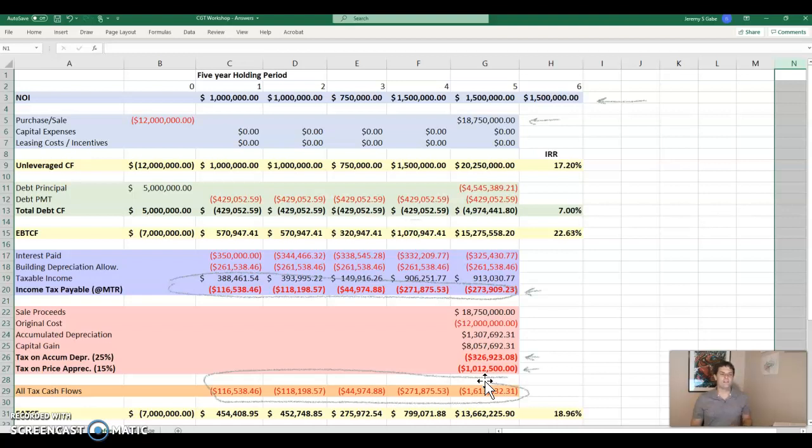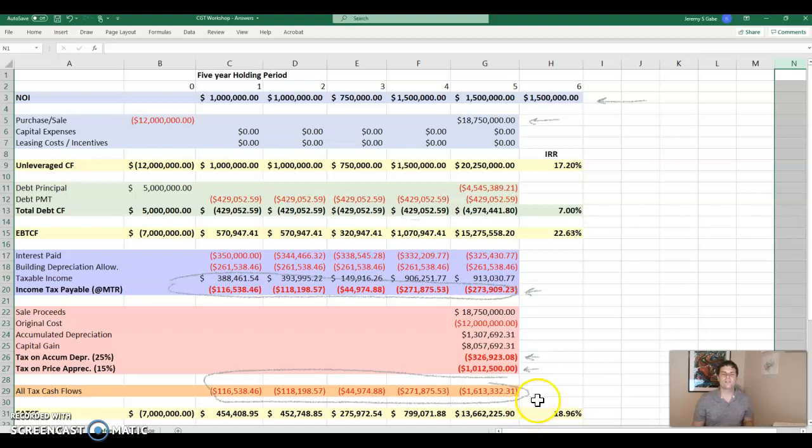Now, what I've done here is the bottom line, the equity after tax cash flows, is simply my equity before tax cash flows, subtracting off the tax that we owe as a result of income and capital gains tax, gives us this final bottom line, or the equity after tax cash flows.